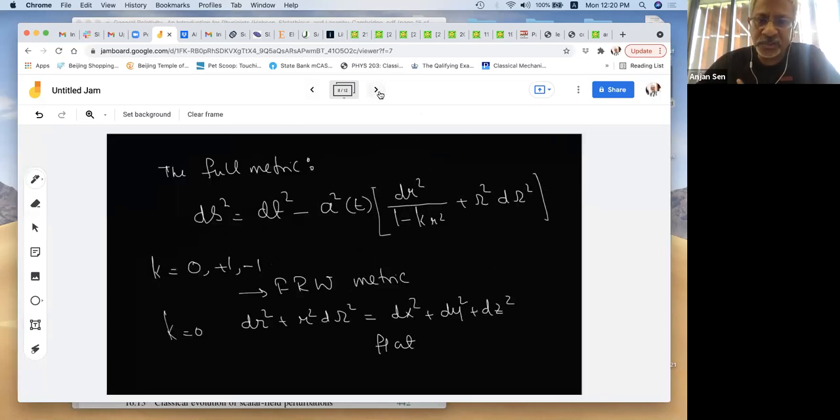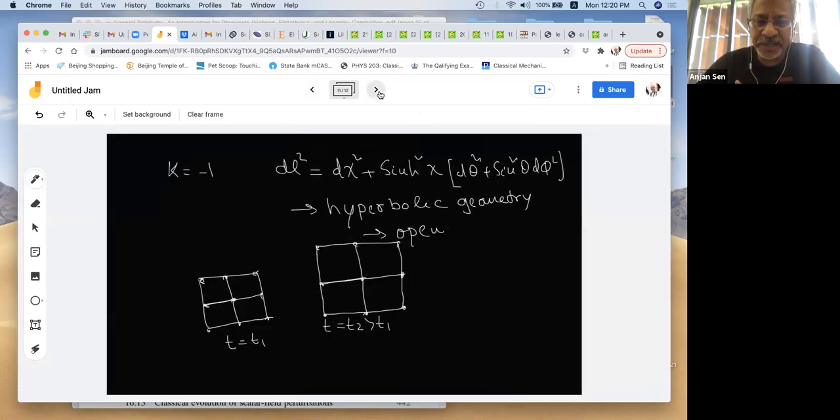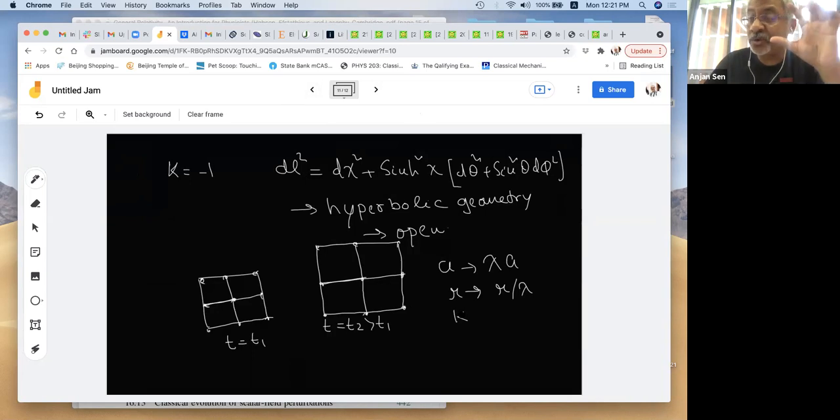What you can do is a very one-line calculation, it may take 1 minute. If I scale this A by some lambda A, at the same time I can scale r by r by lambda. And this curvature, the initial curvature, not the magnitude that I calculated, k by that k, but if I have this k, this I also scale like k by lambda.